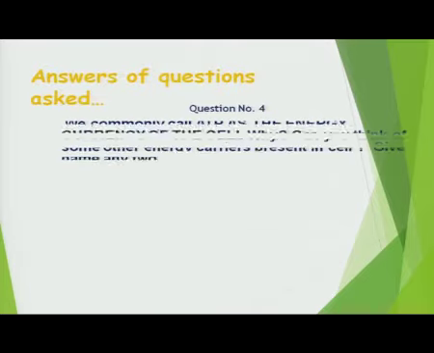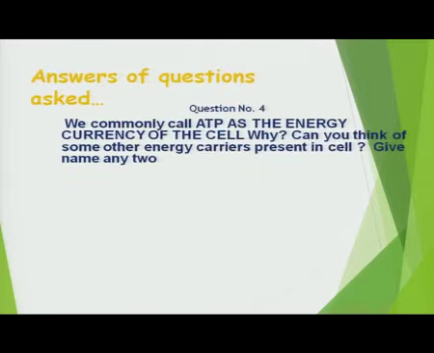Now, the fourth question is, we commonly call ATP the energy currency of the cell. Why? Can you think of some other energy carrier present in the cell? Give any two examples. We already discussed the formation of ATP, which is made by a nucleotide: adenine, sugar, and 3 phosphate groups.